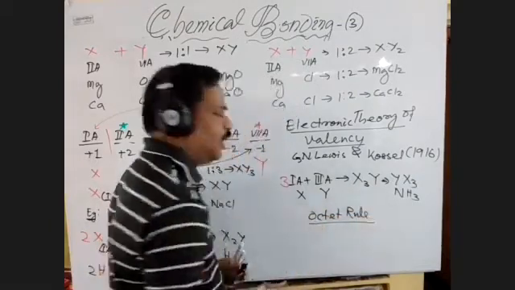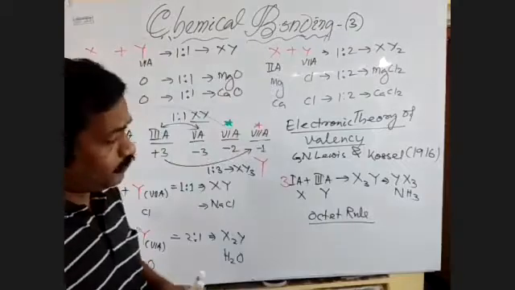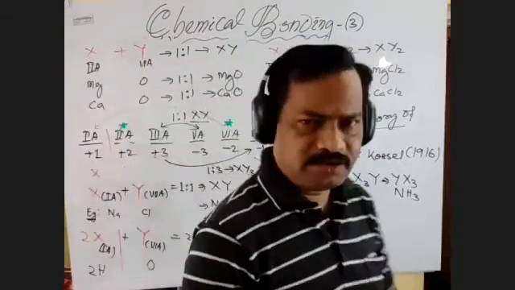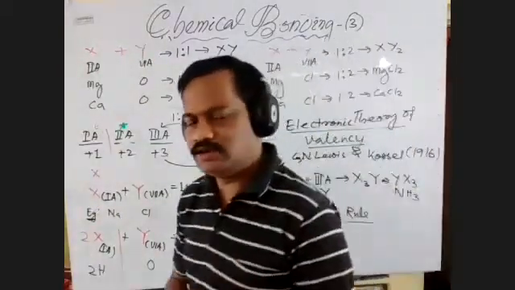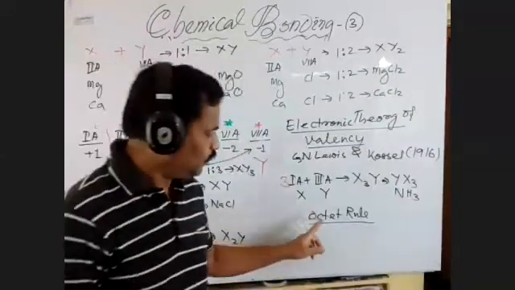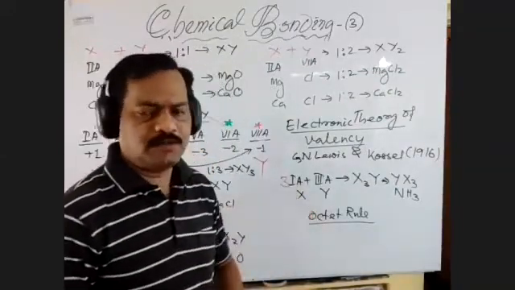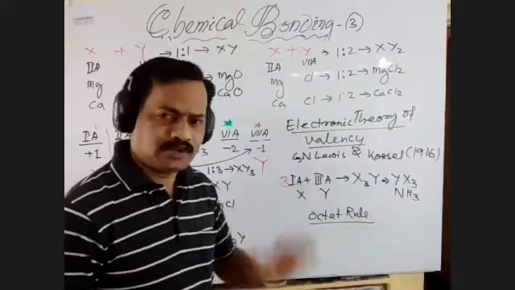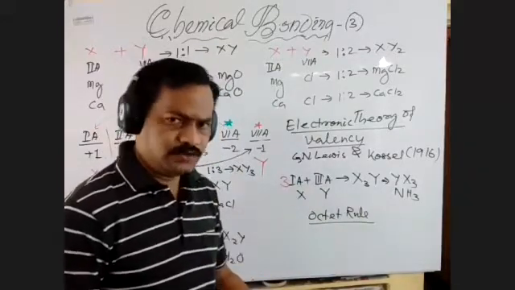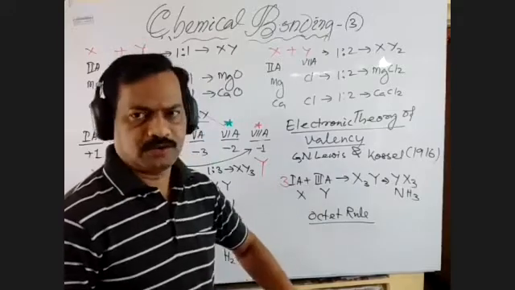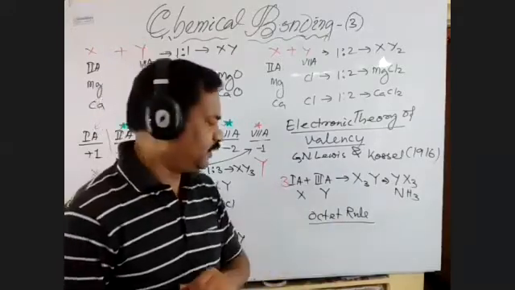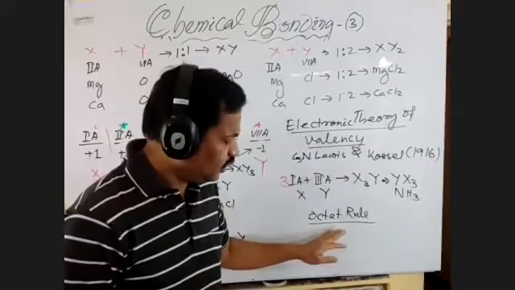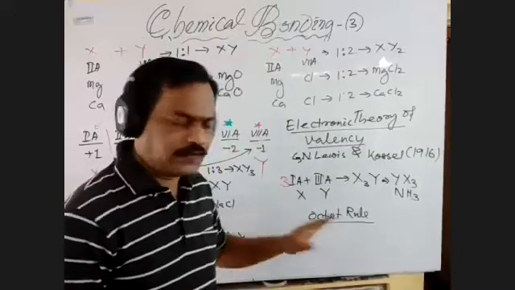So what is this octet rule? Every element has a tendency to achieve an octet configuration in its outermost shell in order to achieve stability, either by losing electrons or by gaining electrons. That's why we call this rule the octet rule.